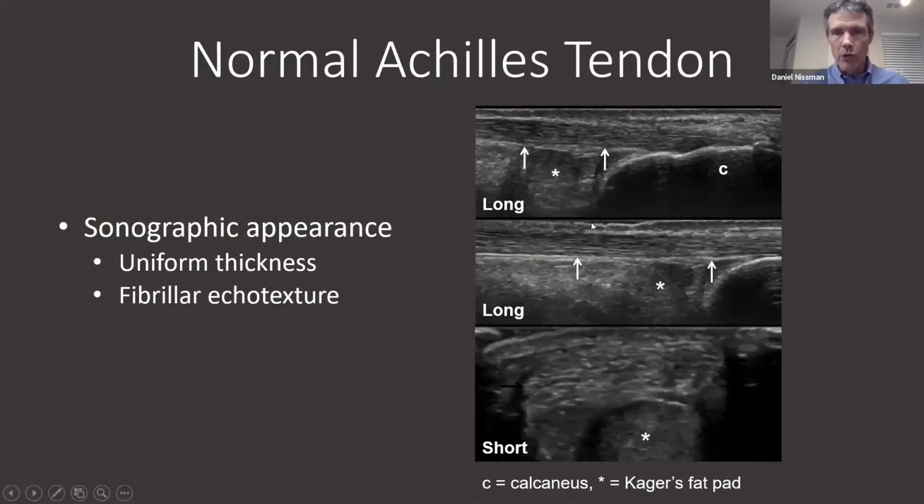So tendons normally should look like this and have uniform thickness. And then here, this is just a cross section. It doesn't have quite as iconic a look as the fibrillar pattern here, but you can think about it as lots of bright dots on a somewhat black background.